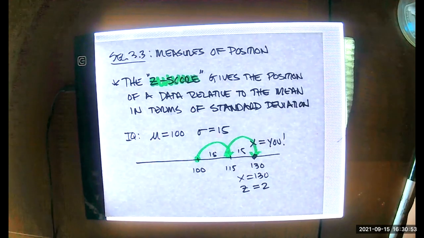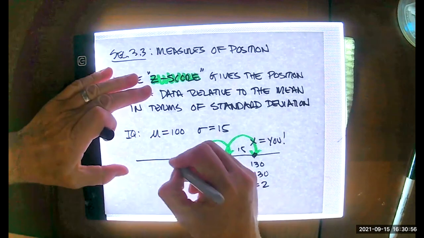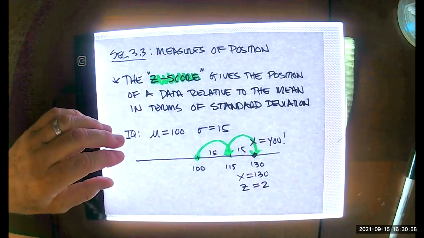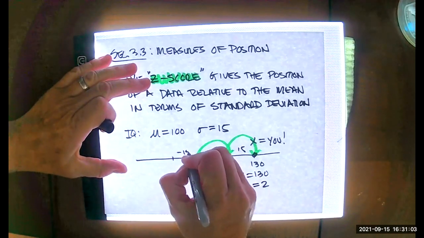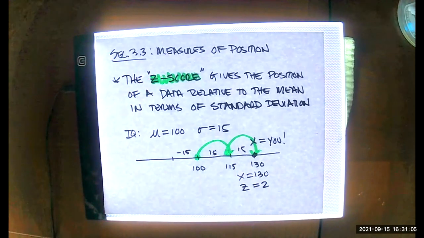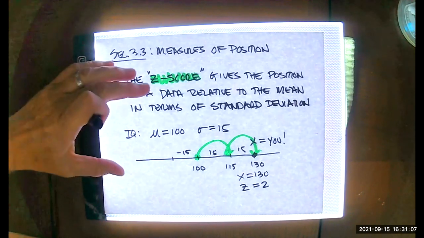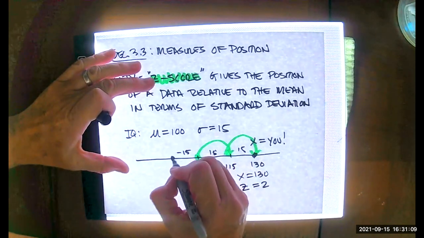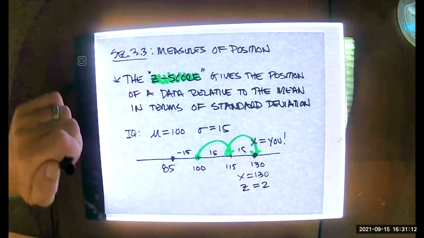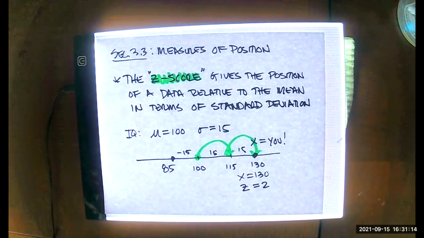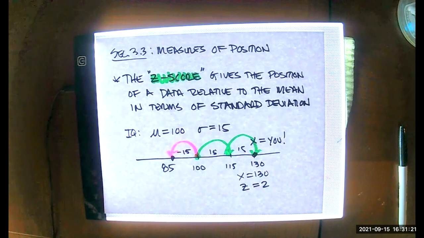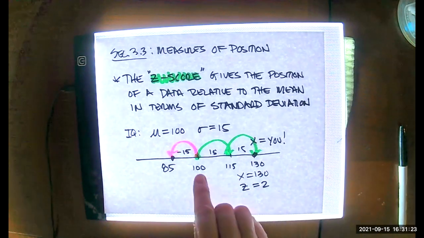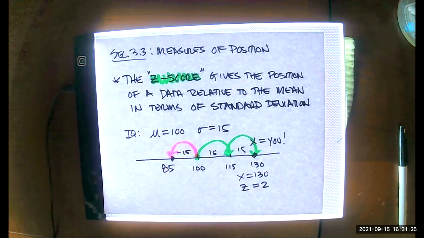Now let's take a look at it in the other direction. I didn't put this in there before, but if I'm going down, I'm going in a negative direction. I'm subtracting 15 to get to 85. So if someone had an IQ of 85, how many steps of 15 did it take for me to go from 100 down to 85?